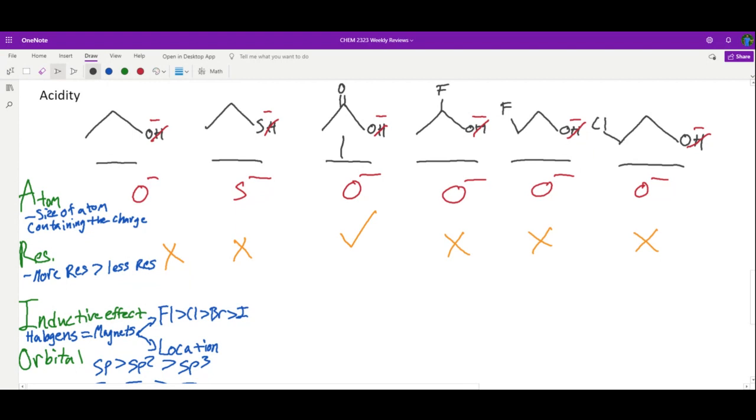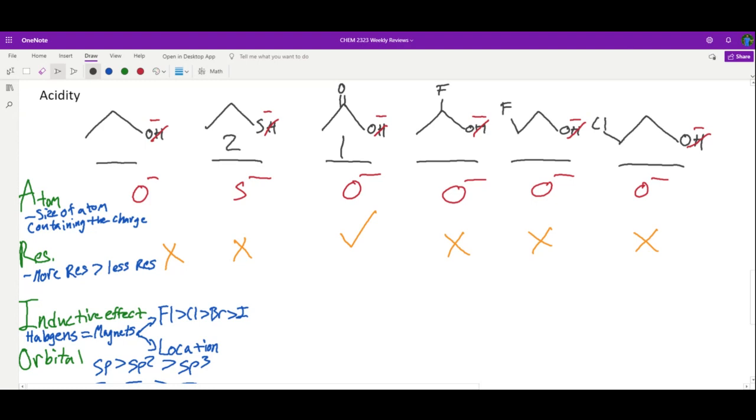Next up, we have 5 X's. Remember, after resonance, we look at atom, okay? We have 5 compounds that don't have resonance, 4 of them oxygen and 1 of them sulfur. We determined that sulfur is a larger atom, which can handle that negative charge better, so the one with sulfur is going to be our number 2.